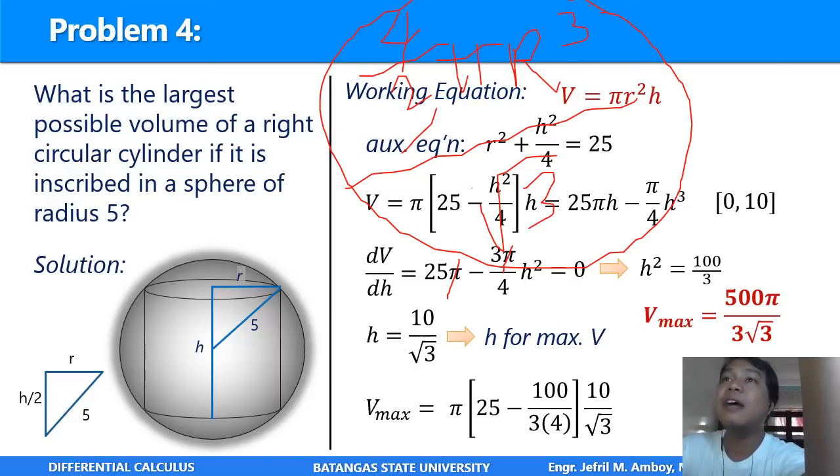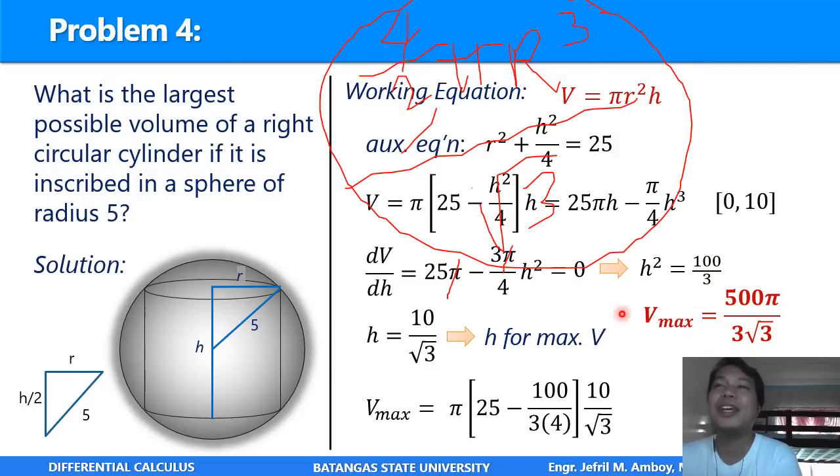Try nga natin kung tatama. So, ang given natin na radius ay 5. So, yung 5 na yan, kapag kinube mo, 5 cube is how much? Sorry, 5 cube is 125. 125 times 4 is 500. So, we have 500 pi over 3 square root of 3, which is just the same.